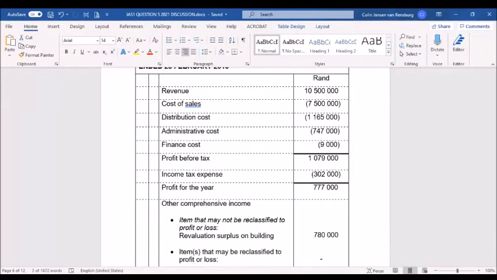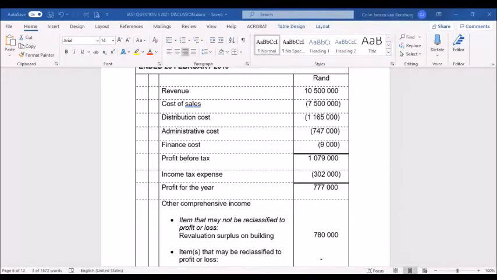Go to our statement of comprehensive income, 1,165,000. But now you must be very careful, ladies and gents. We did mention this on Monday. Mr. Borman also mentioned it the previous week. As soon as you have an expense, or in the case of the nature method, or in this case a cost in the case of your function method, you have to indicate that as a negative.